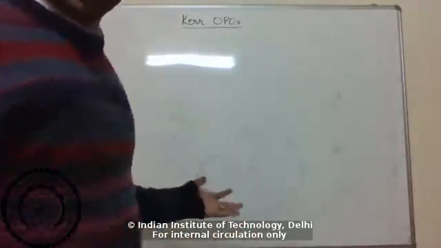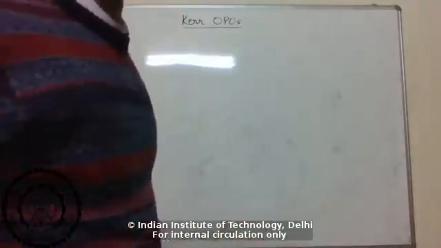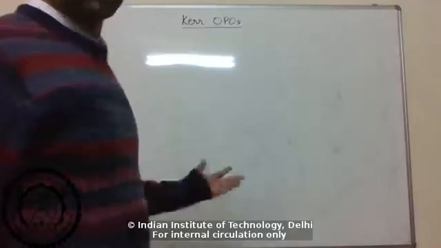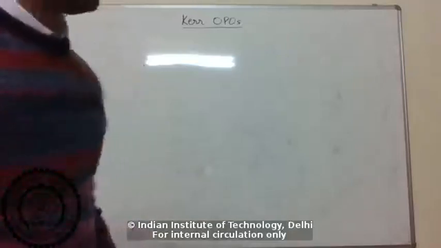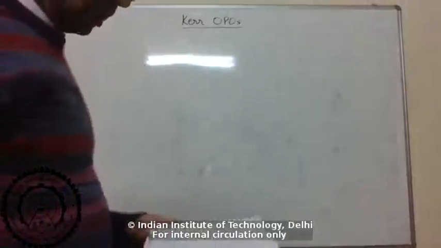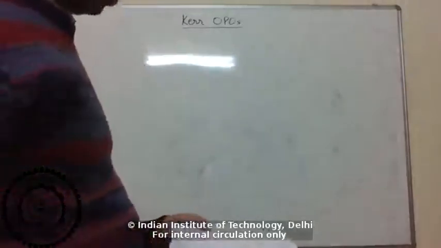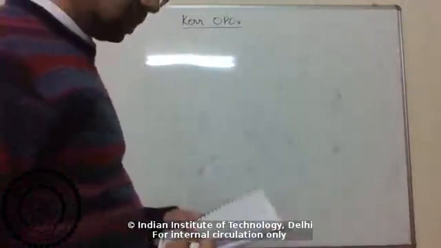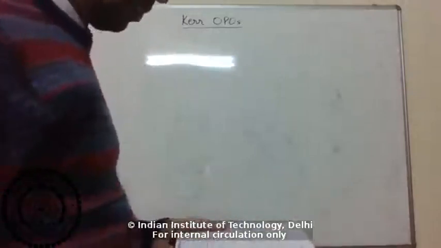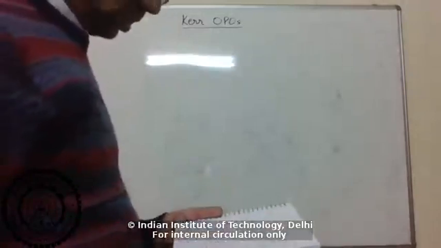And other materials are silicon-based materials like silicon nitride, silicon itself. So I posted a couple of papers on Moodle to give you an idea of the developments in these fields.